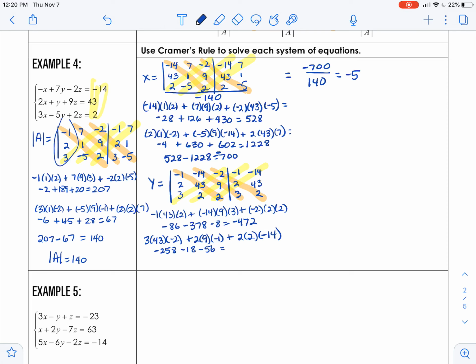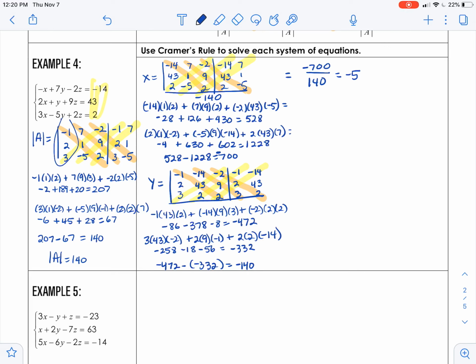So let's see, we've got 258 and 18, 56, they're all negatives. So a negative 332. Again, I'm going to subtract, so double negatives here. So 472 minus 332 is going to give me 140, and that is a negative 140.